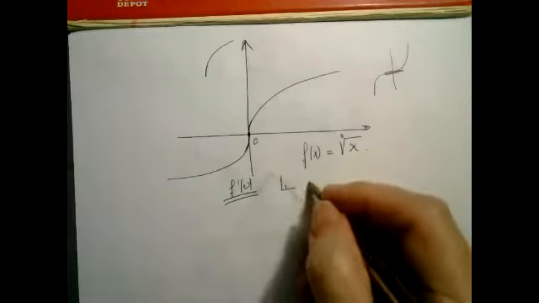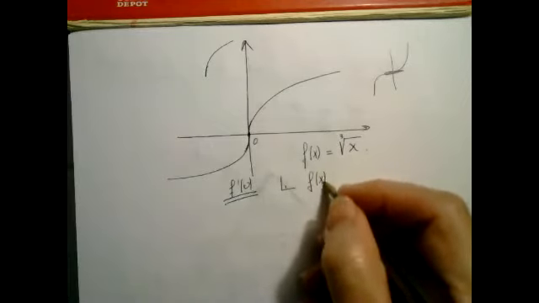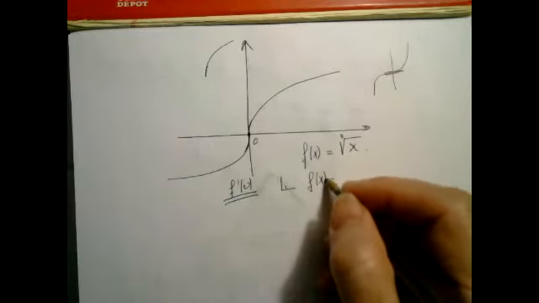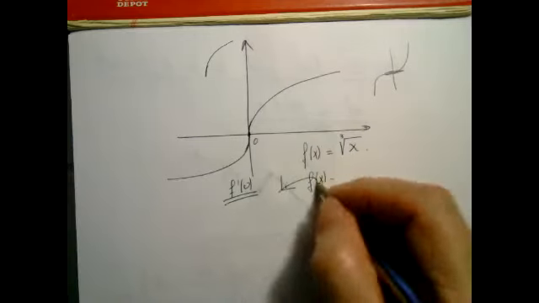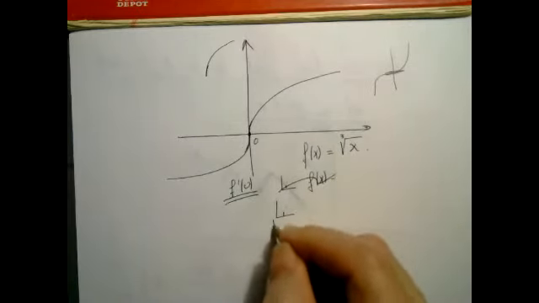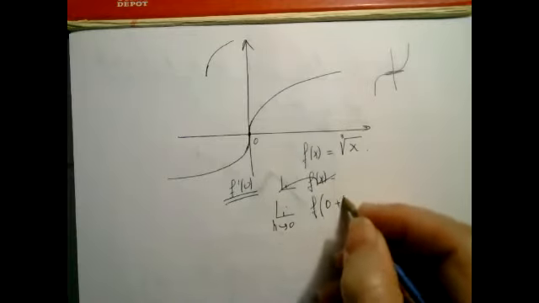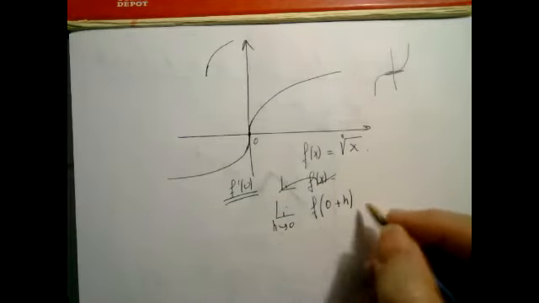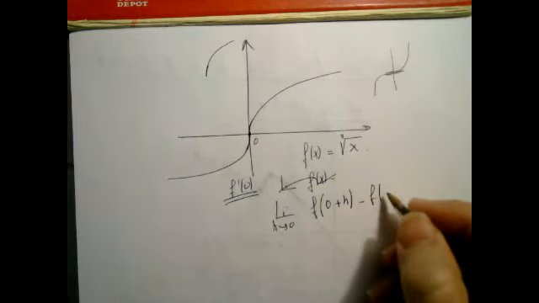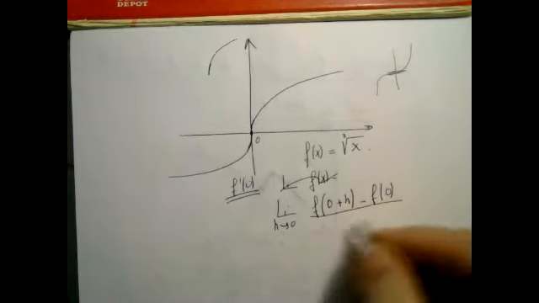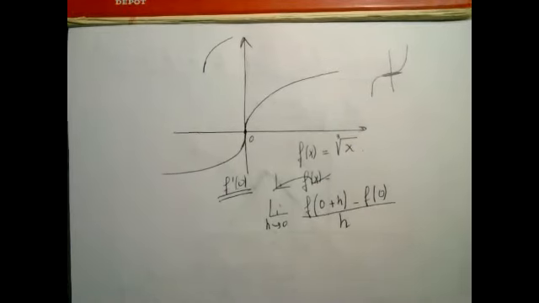What's the definition? It's the limit as h goes to 0 of f of x plus h, my x here is 0, minus f of x, divided by h. That's the definition. And let us see what's happening here.